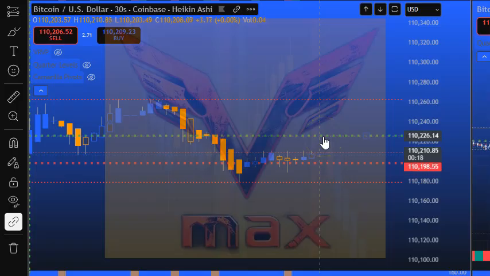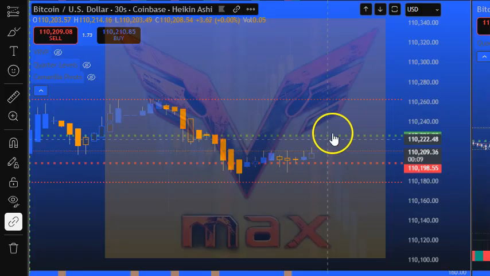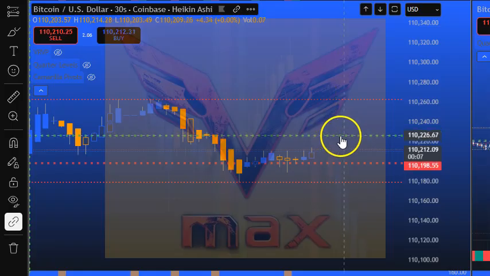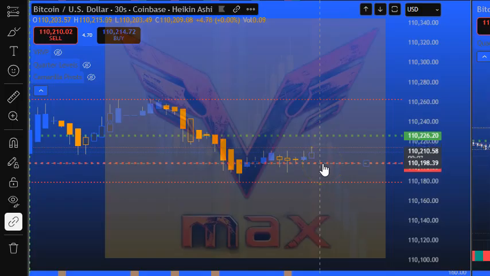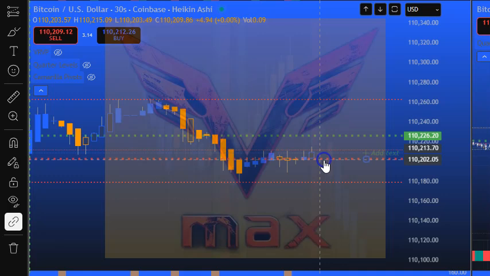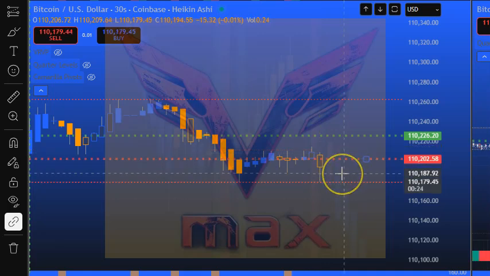So if we were taking a buy, that's our target, right? Now if our stop loss was here, we'd already been stopped out. No, I'm sorry, that's our target. The stop loss was at the top of that. We'd already be stopped out. There, we got stopped out on that one, right? But again, we didn't enter.